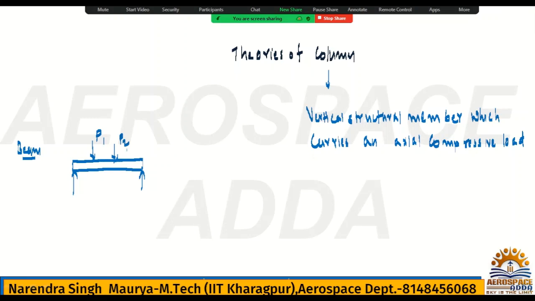I had already discussed that for the beam. So the beam is nothing but a horizontal structural member, and the type of load it is subjected to is a transverse load.